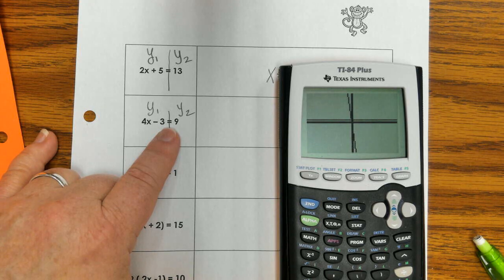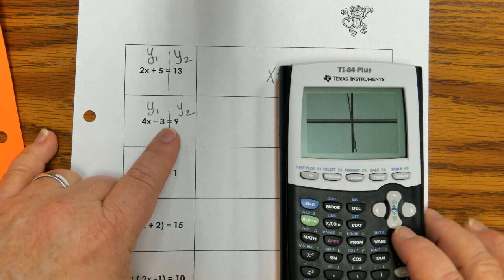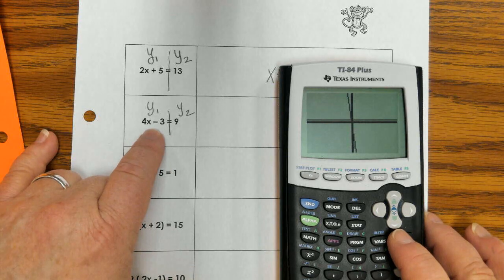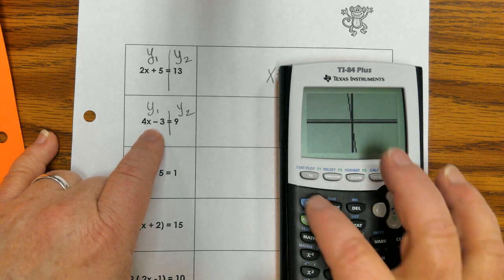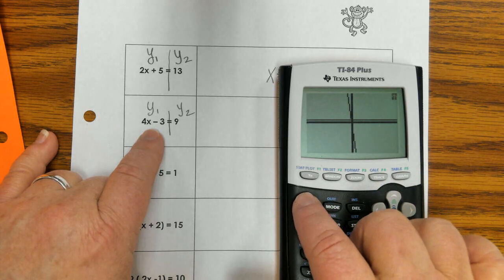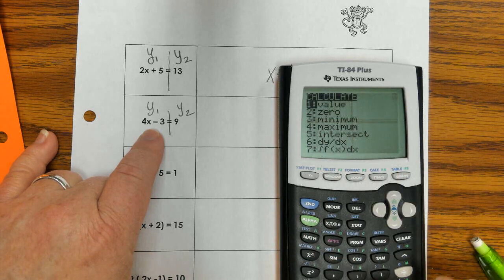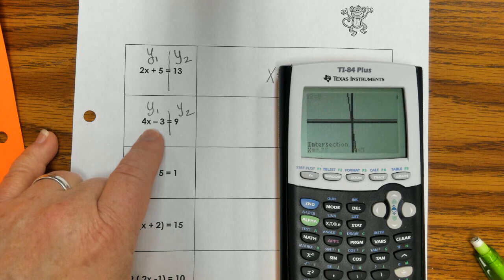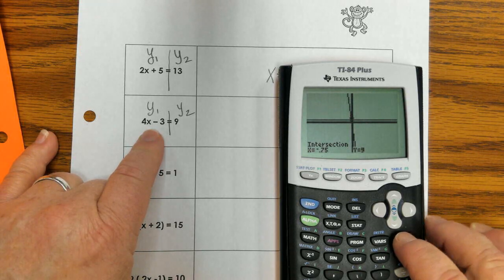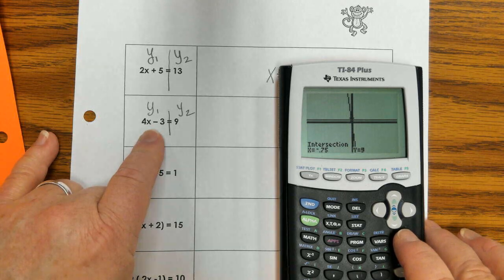oh, it's working this time. It shouldn't work. Sometimes when you push the wrong key in, it will give you an error message. And I need second, trace, 5, enter, enter, enter. Well, let's see what happens here. Let's go back, because that says negative 0.75.